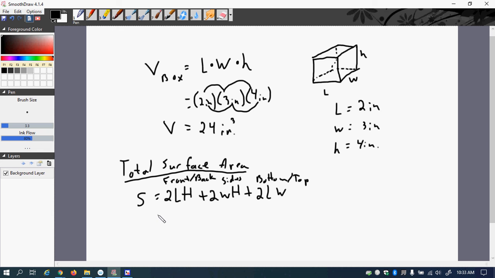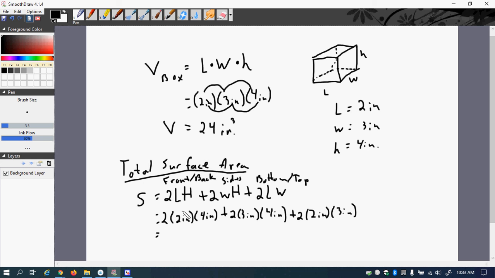Then if we calculate using the same units, that would be 2 times 2 inches times the height, which is 4 inches. And then we have 2 times the 3 inches, times the height, which is 4 inches. And then we have 2 times the length, which is 2 inches, multiplied by the width, which is 3 inches.